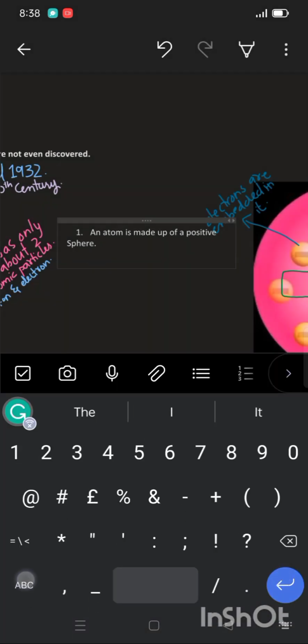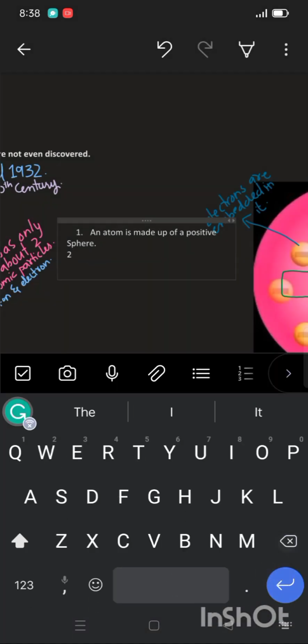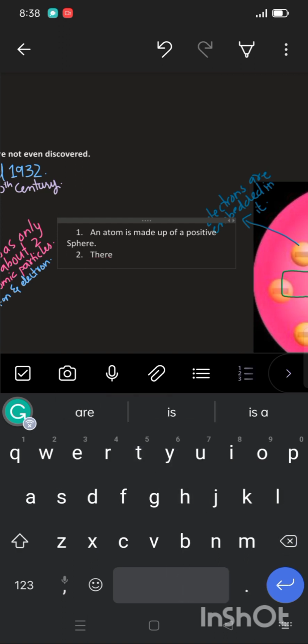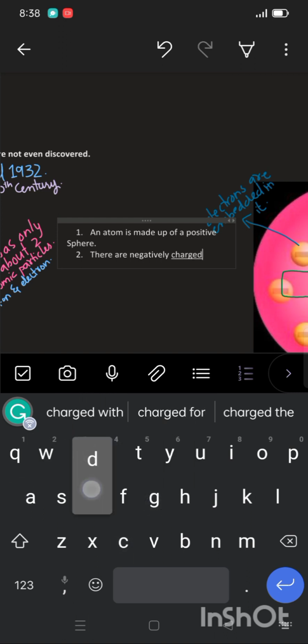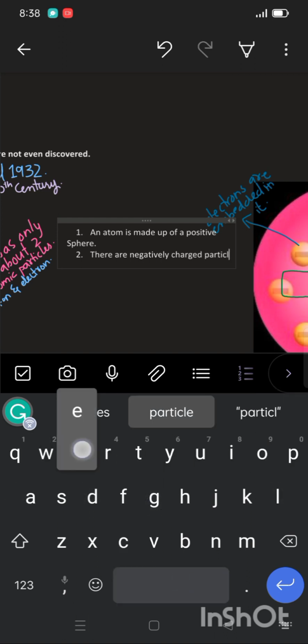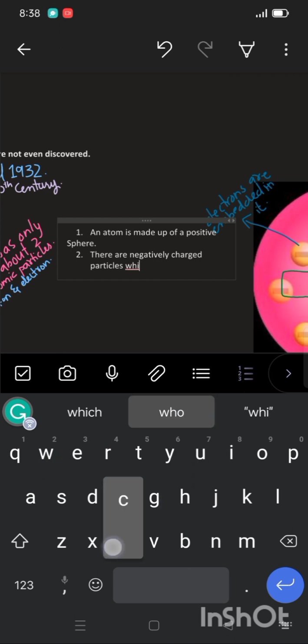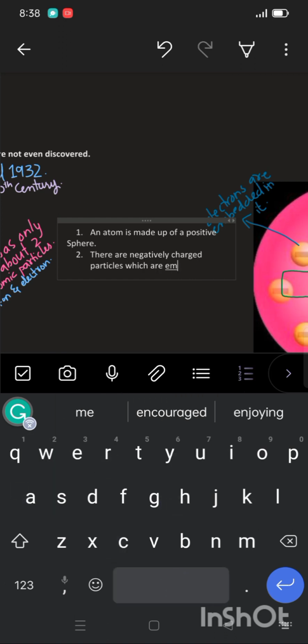Second point, he said that there are electrons, or negatively charged particles, which are embedded in it, right?